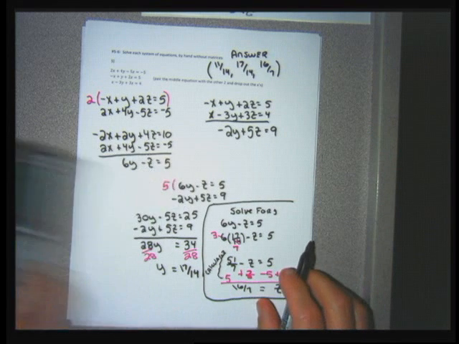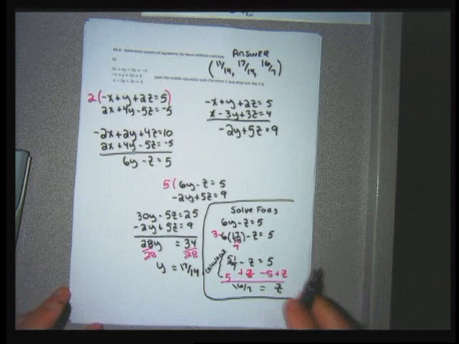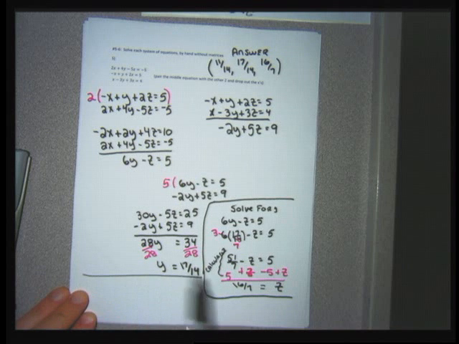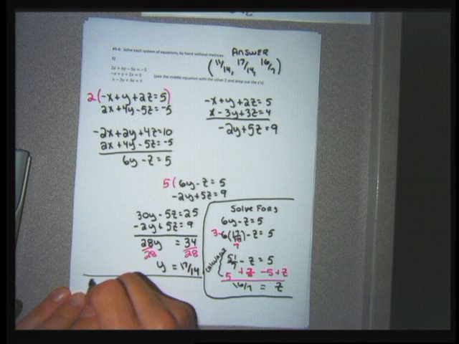So I'm 2/3 of the way done because I have my answer for y and my answer for z. I'm going to go on. I can solve for x on this page, so I'm going to solve for x just to try to get this all on one page.